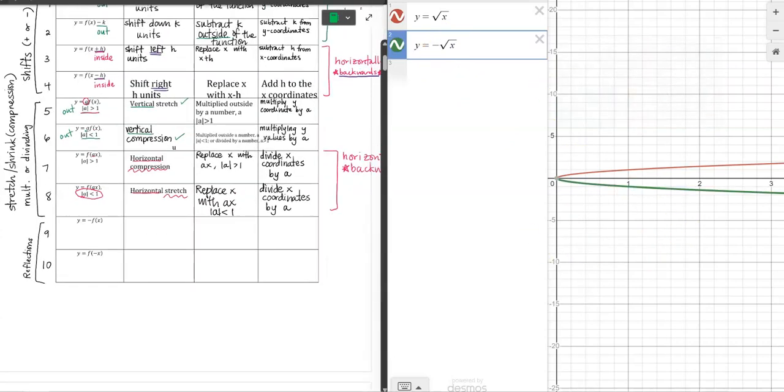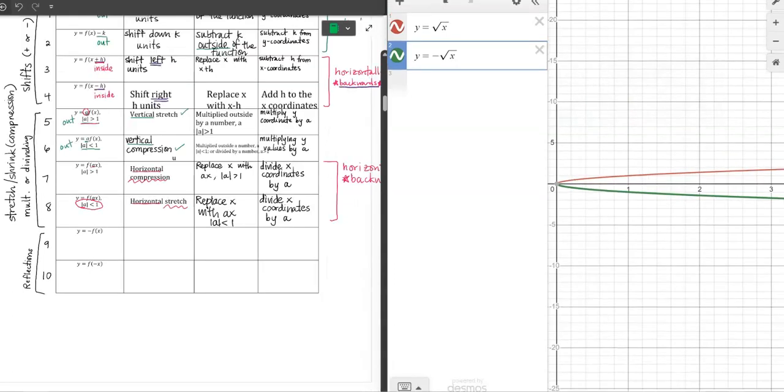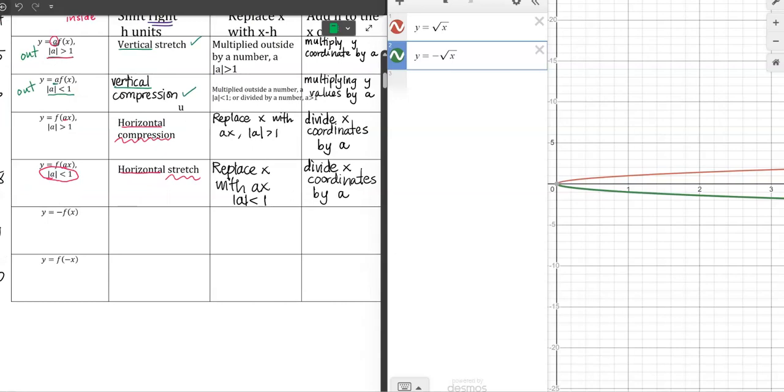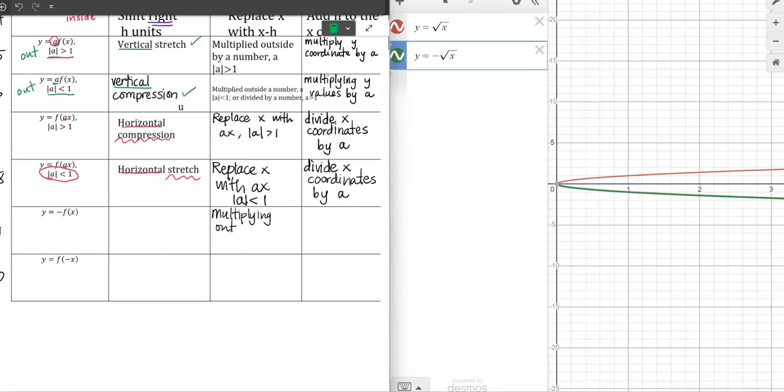So let's go look at our table. And the first thing we'll say is, well, how did the equation change? Well, the equation changed by us multiplying outside of the function by a negative 1. And what I mean by outside is that the minus sign went outside the square root, not inside with the parentheses.